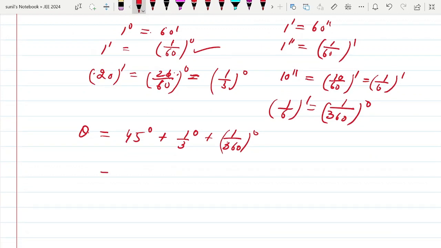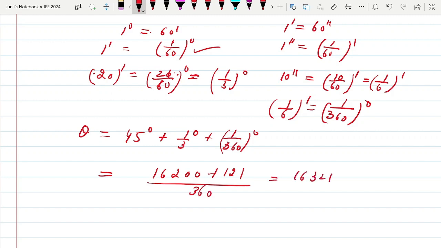Now if I add these fractions, this is 16200 plus 121 by 360. So this angle is 16321 by 360 degree. So this is the degree measure of this angle.